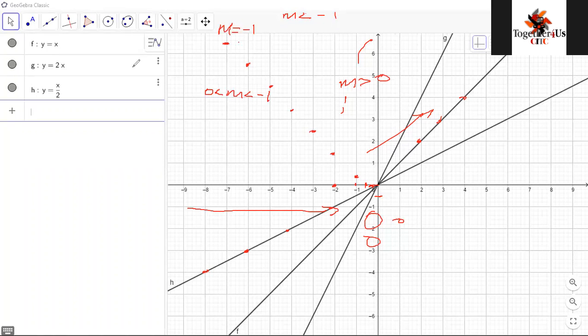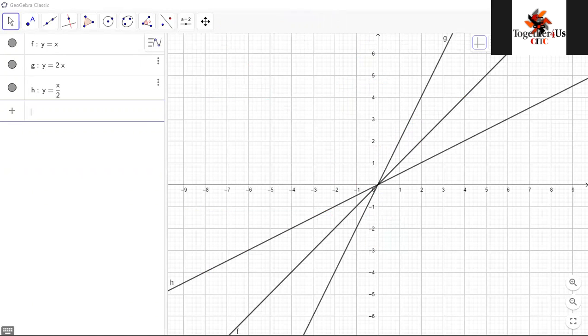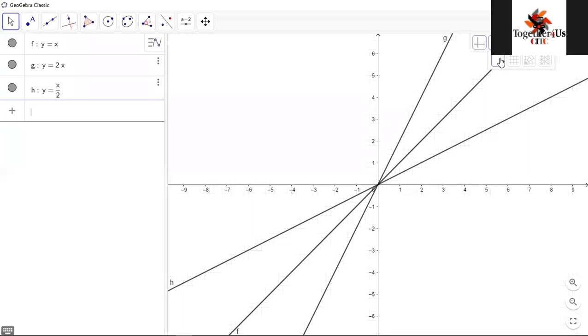So let me clear this and make my story very simplified for you. This is very important. Whenever the gradient is positive, then your function, whether f of x or g of x, is increasing. That's one important thing that you need to note.